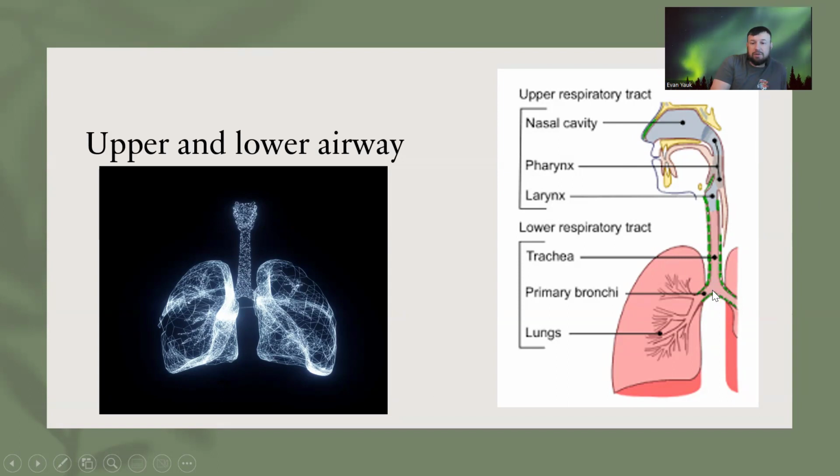It's going to come down to your carina, which isn't on there, but it's where it branches off. Your primary bronchi down to your bronchioles and your bronchus, and then down to your alveoli, which we'll talk about here in just a second. So that is the tract in which we breathe in and out.